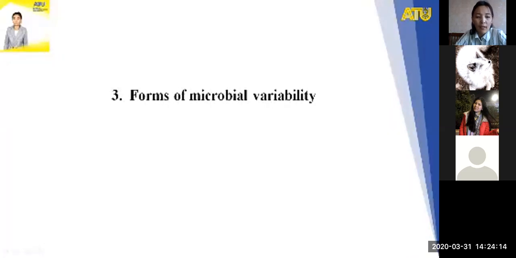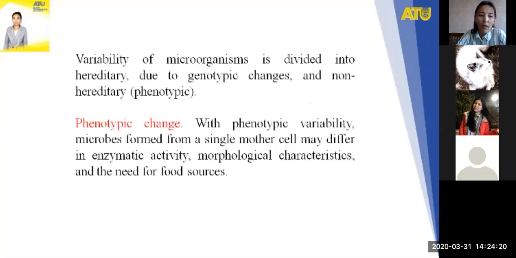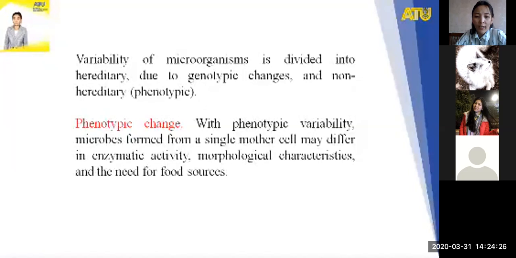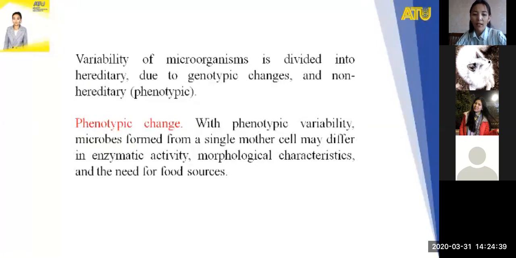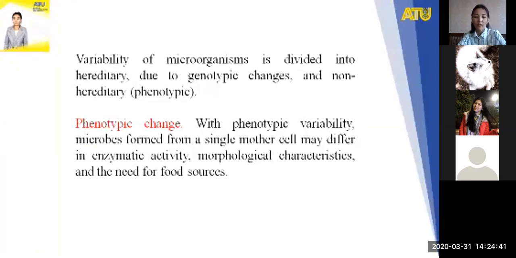And the next, third stage is the forms of microbial variability. Variability of microorganisms is divided into hereditary, due to genotype change, and non-hereditary, which is phenotype change. Microbes formed from a single mother cell may differ in enzymatic activity, morphological characteristics, and the need for a food source.